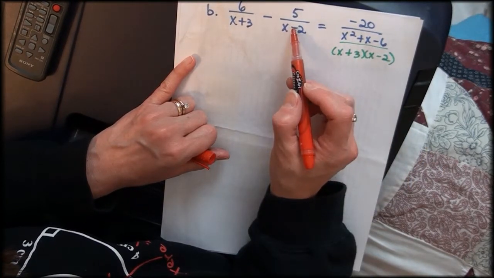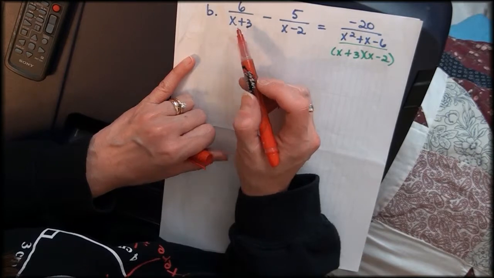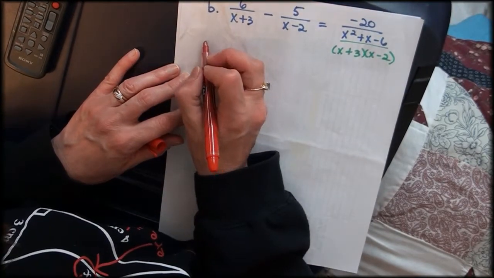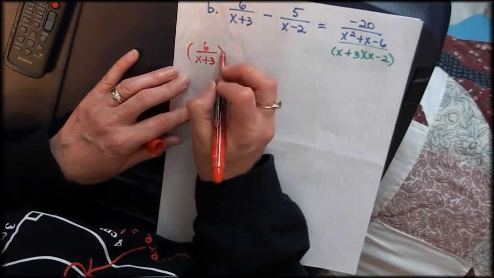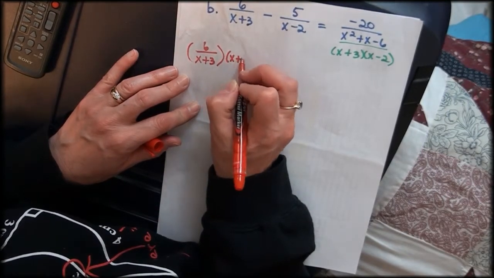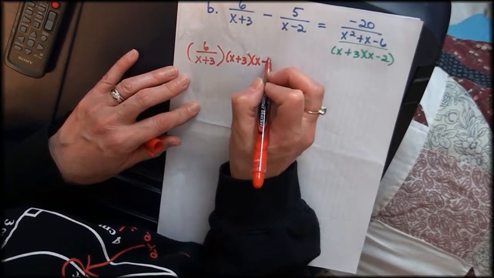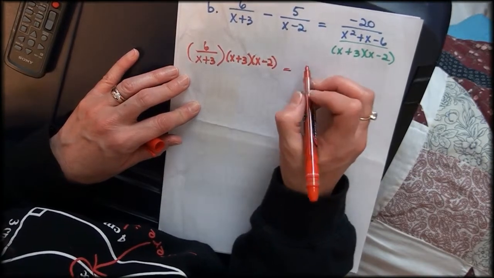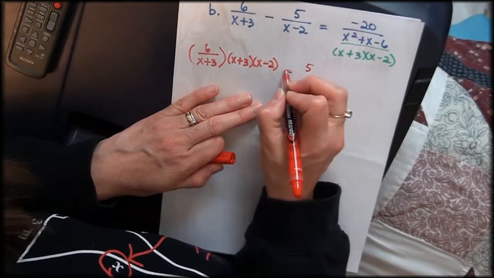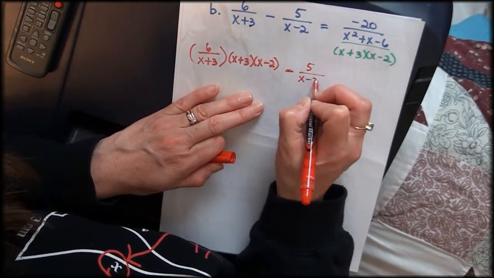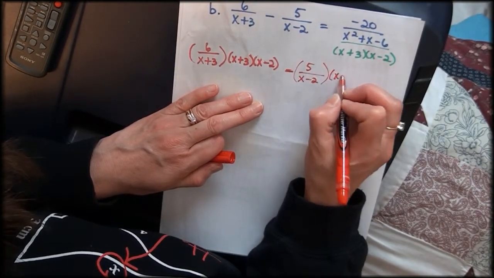It would cancel out this much, and it would cancel out that much. So I'm going to take every single term and multiply every term by that LCD.